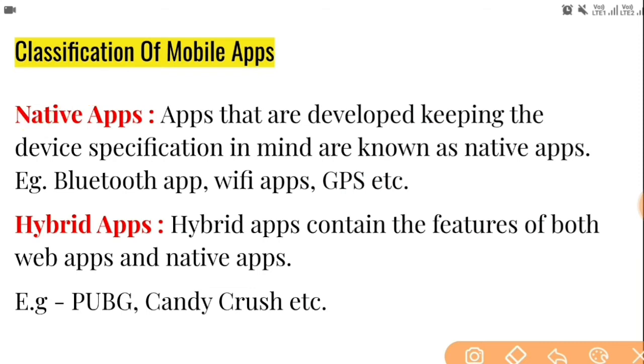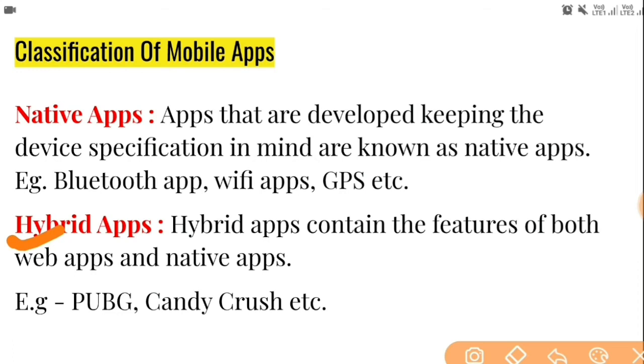Okay, our next app is the hybrid app. Hybrid means two or more things combined together. Suppose there is a feature of web apps and native apps, having some physical features in it like Bluetooth, Wi-Fi, GPS. Hybrid apps have both, like PUBG and Candy Crush.